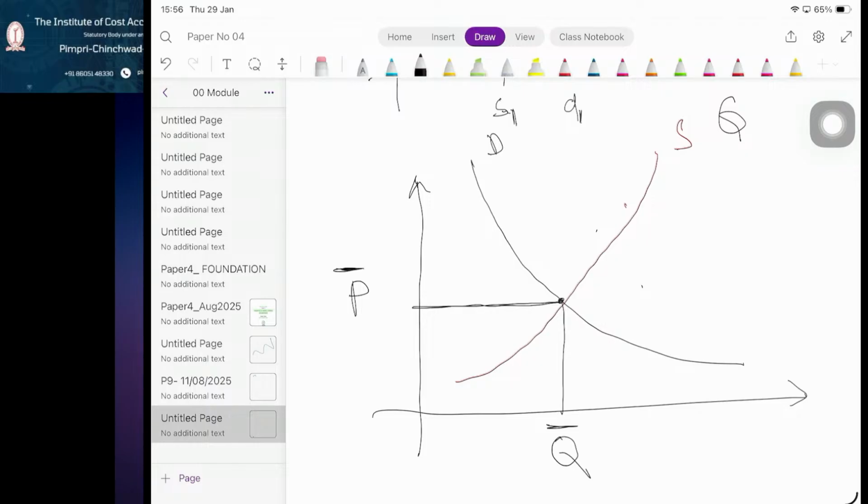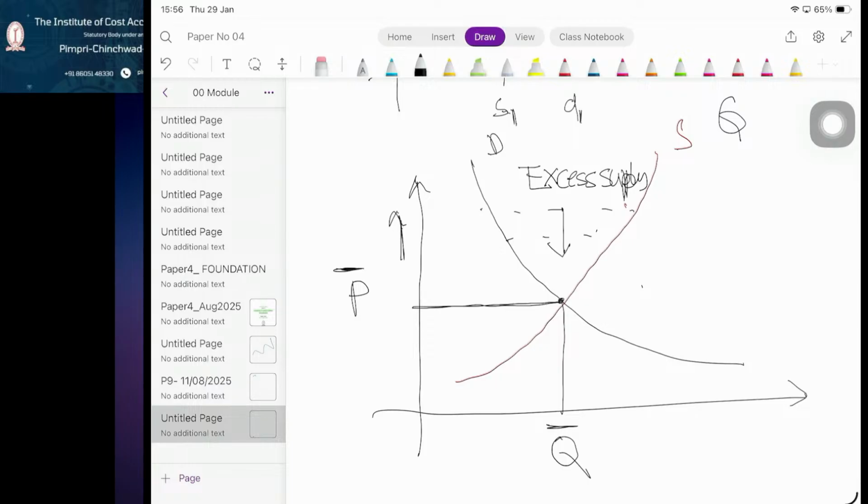If the price is above this, anywhere here, it will be a situation of excess supply. Supply is more than demand, and this will tend to put a downward pressure on prices.